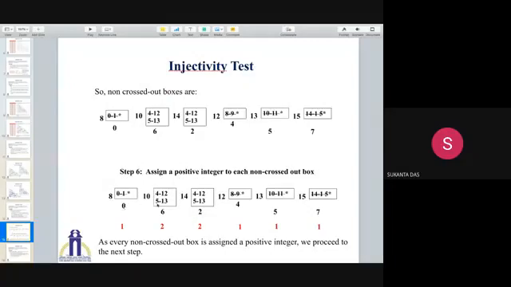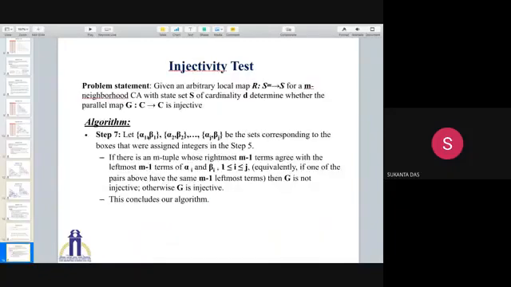What are sets? Not the boxes, the entries 08, 6, 10, 2, 14, 4, 12, 5, 13, 7, 15. They are assigned the integers. So I am calling them alpha 1, beta 1, etc.